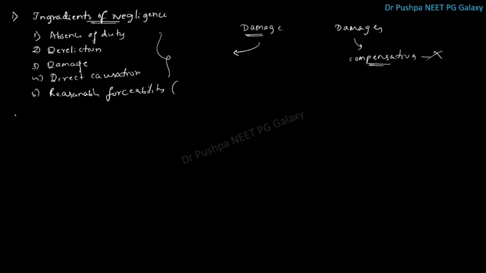So there is something called as warning and warning notice. These two are different terminologies. What is warning? So it is a disciplinary action taken against doctor by medical council for any unethical practice.